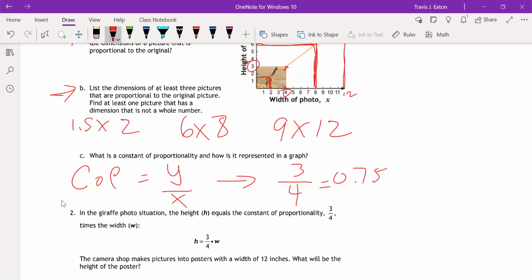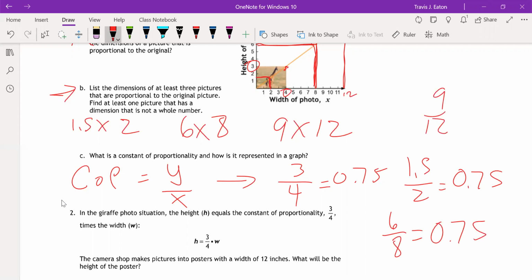But you get the same thing if you divide 1.5 by 2. It's still going to give you 0.75. And if you take 6 divided by 8, that'll give you 0.75. If you divide 9 by 12, you get 0.75.